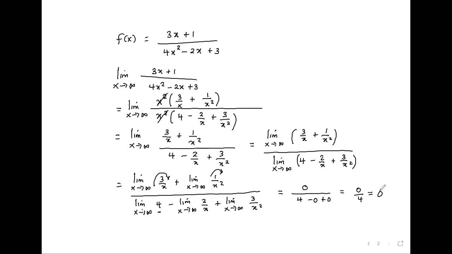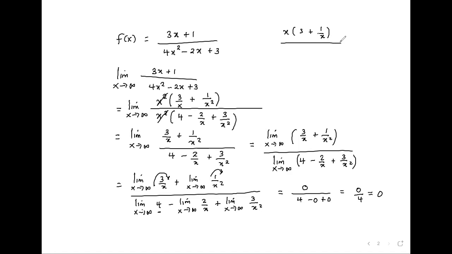Here is the reason why we go for the denominator. We are trying to avoid having zeros throughout. If we went for the numerator, if we use the x in the numerator, we are going to have x and then 3 plus 1 over x.